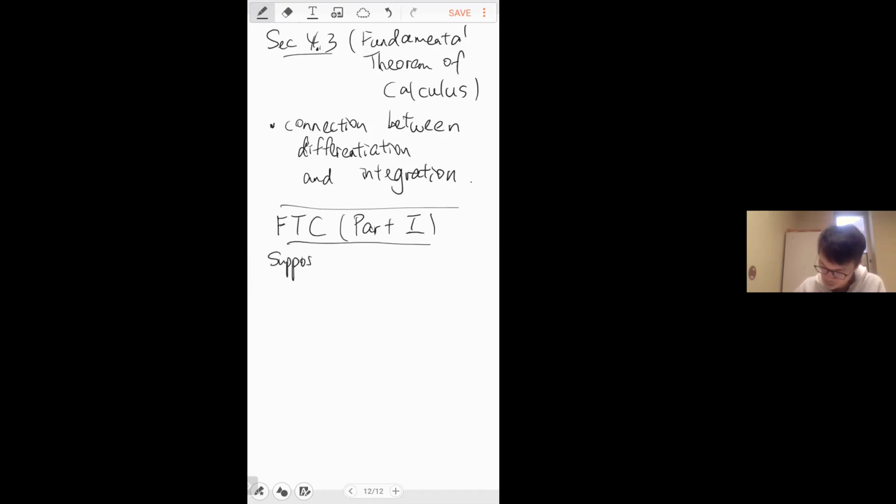Suppose that f of x is continuous on the closed interval from a to b. Consider the function g of x to be the integral of f from a to x.